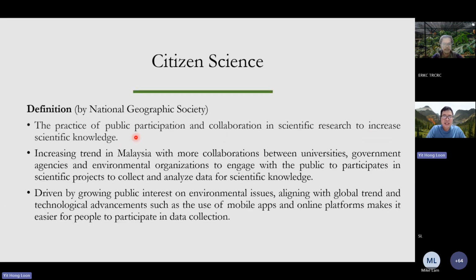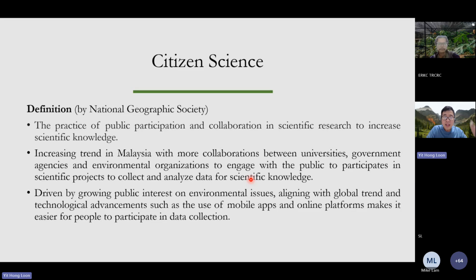Citizen science is on an increasing trend in Malaysia. Actually, in the last 5 years, we see more and more collaboration between universities, government agencies, and environmental organizations, with projects to engage the public as participants in scientific projects to collect and analyze data for scientific knowledge.